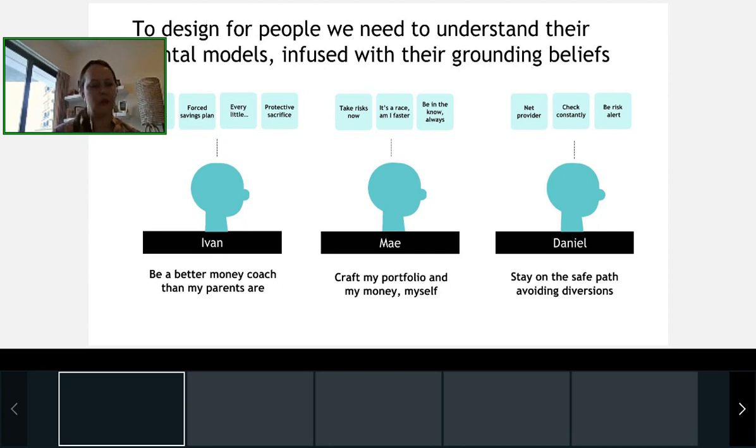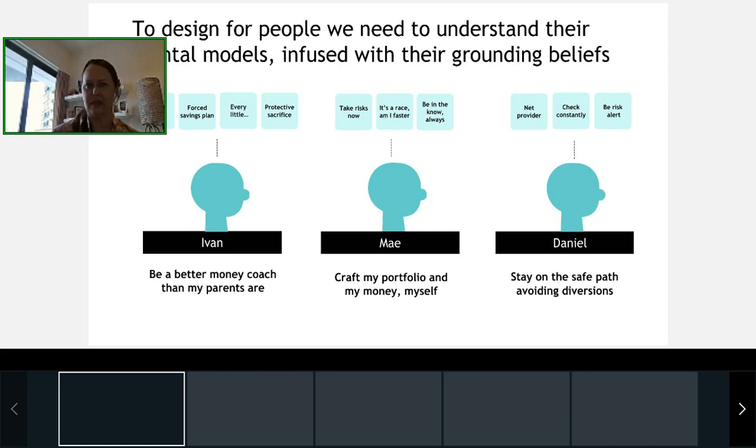And we can see here that aspects such as rules, forcing himself to have a savings plan, being concerned about every little bit, this notion that he has of being a protective sacrificer, is very different from, let's say, May, who is really striving towards individuality, and doing it herself.